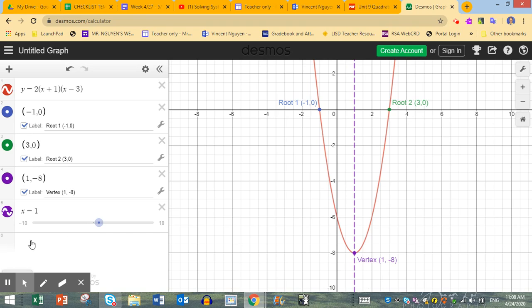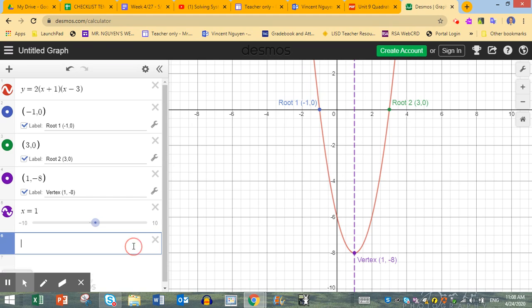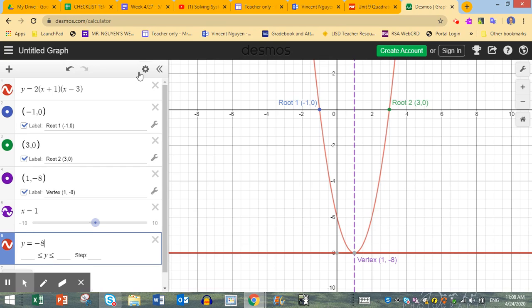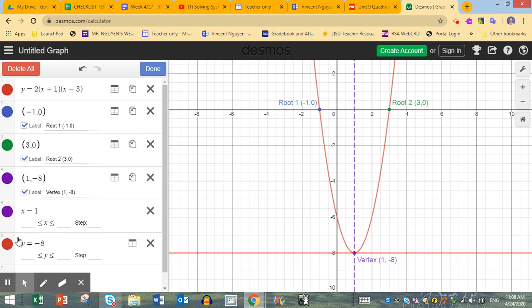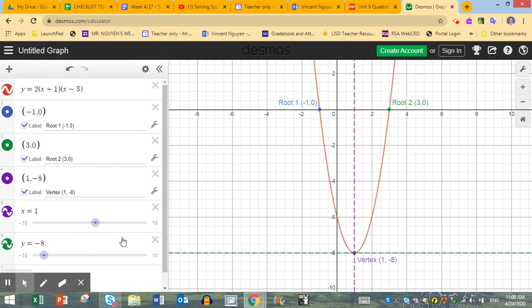And then for the minimum, it's y = -8. You can type that in here, y = -8, and it will graph that minimum line for you. Like before, you can go to settings, click on the color and change it to green, and maybe make it dotted. And then there's your minimum.